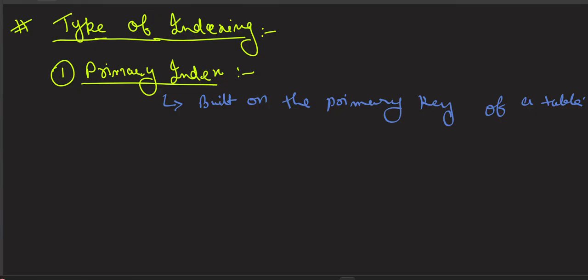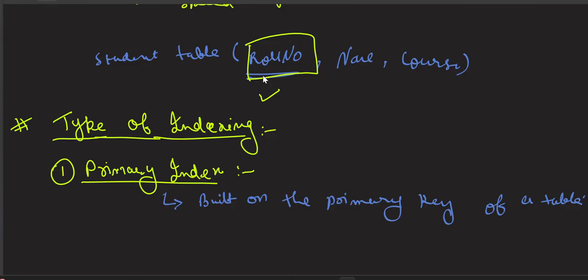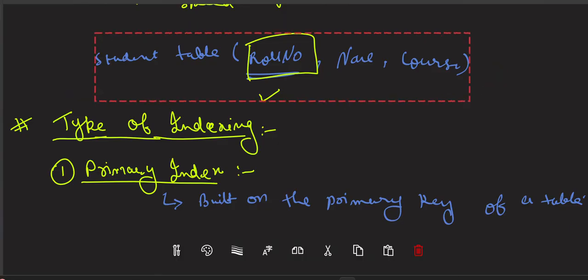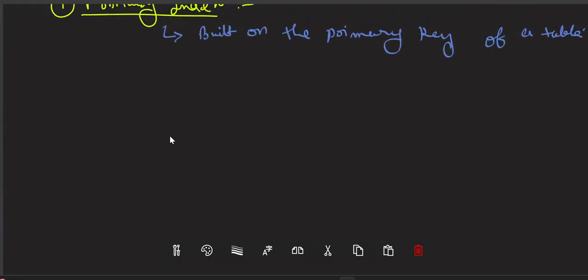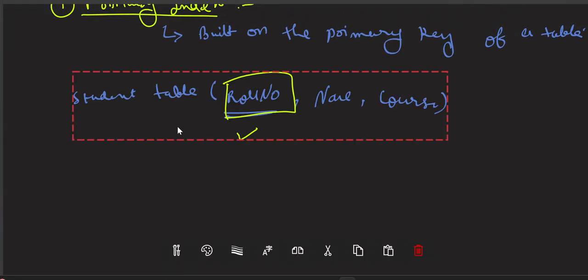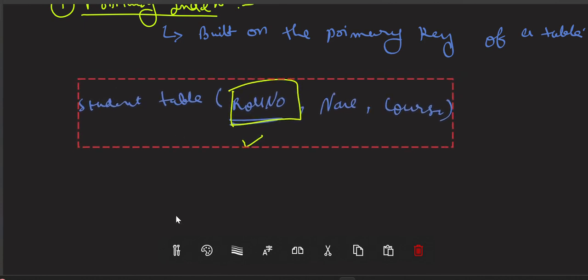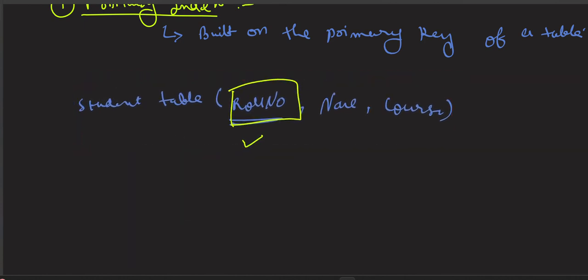For example, roll number is an index in a student table, as I have told you here. Let me copy paste this example below. As I already told, the primary key can be an index.